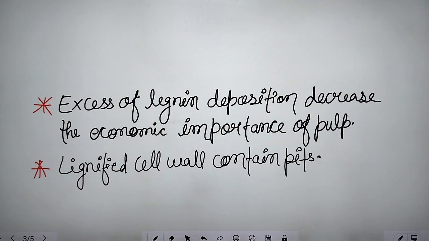Pulp, just because lignin doesn't help to pass solvent or solute. So that's why the lignified cell wall contains pits to pass solute and solvent, because the pit membrane is permeable to both solute and solvent.